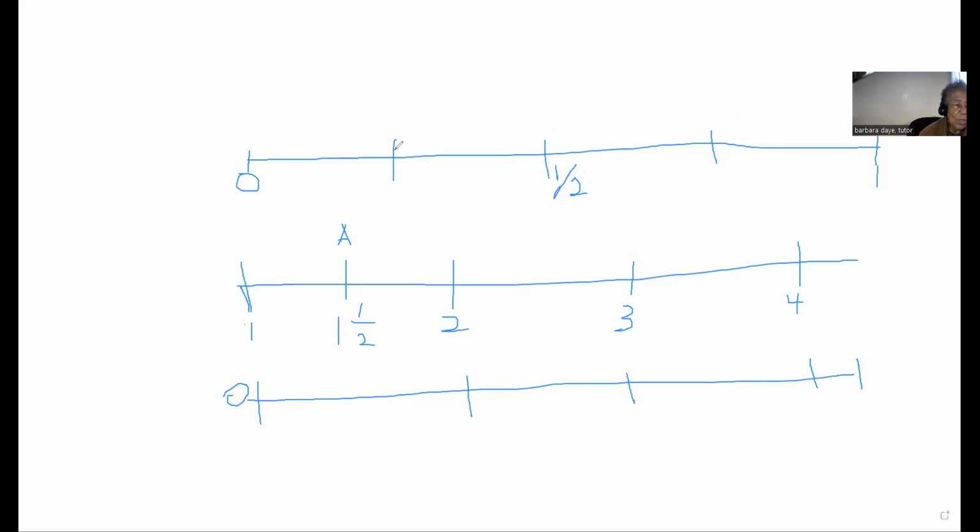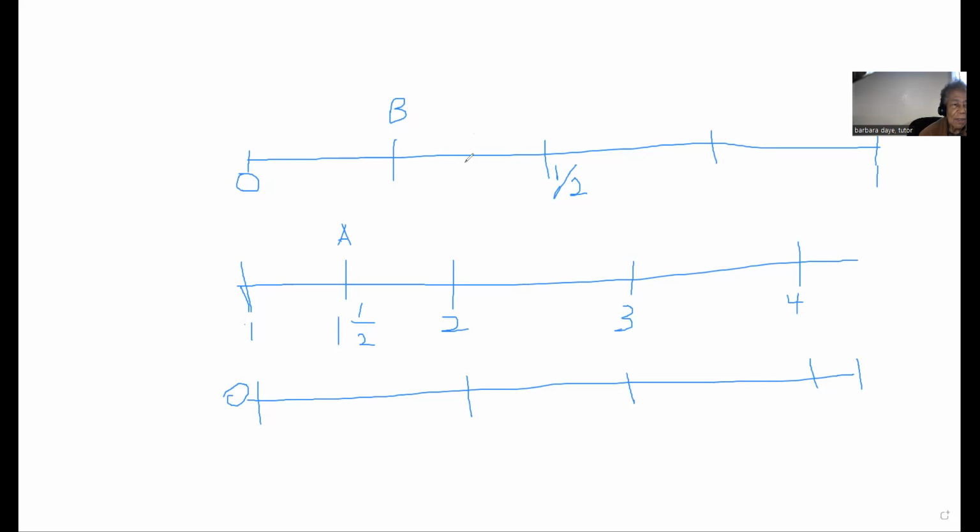So what would this point be, if I call this B? If this is 1/2 and this is 0, what would this point be?